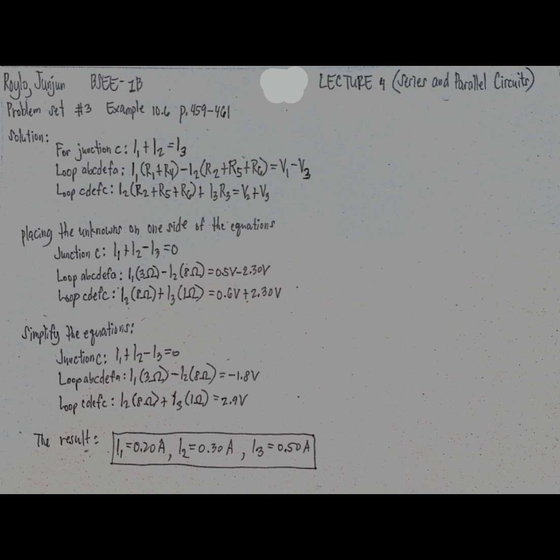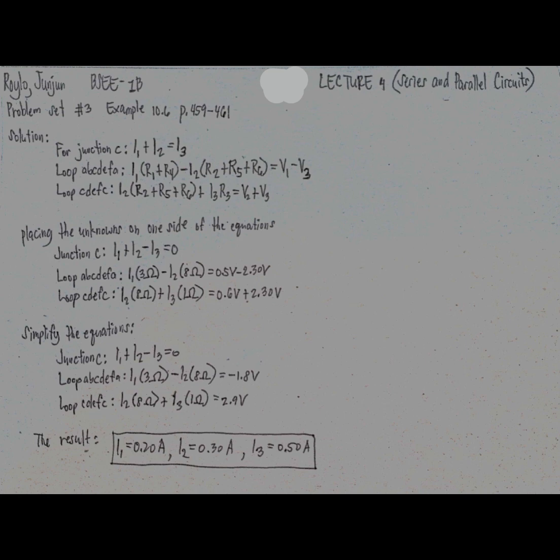So junction C: current 1 plus current 2 minus current 3 equals 0. Loop EBCDEFA: current 1 times 3 ohms minus current 2 times 8 ohms equals 0.5 volts minus 2.30 volts.